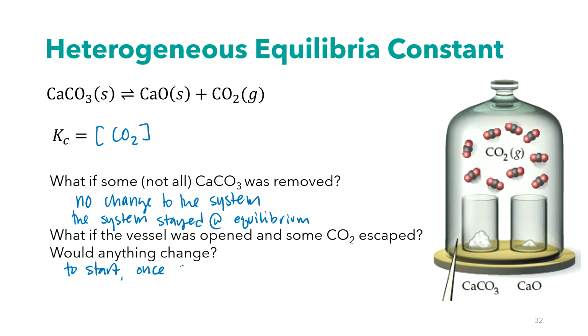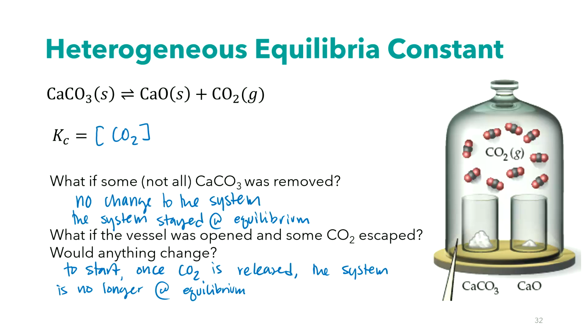Once CO2 is released, the system is no longer at equilibrium. But remember, I said that systems spontaneously go back to equilibrium, without me doing anything. So as soon as I take some CO2 out, the system is like, no, I don't want to be here anymore. I want to be back at equilibrium.